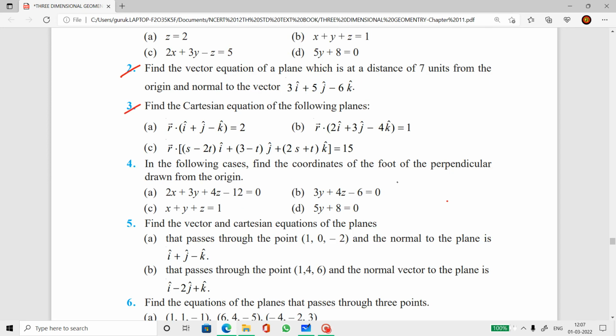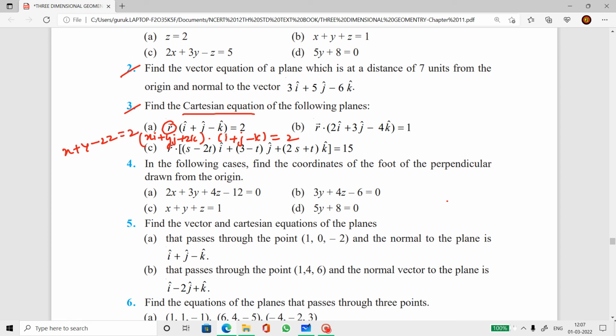Question number 3, where you need to convert the given equation into Cartesian form. That's very easy. Convert r vector to xi plus yj plus zk, because r is an arbitrary point's position vector, dot i plus j minus k equal to 2. So if you multiply, you get x plus y minus z equal to 2.